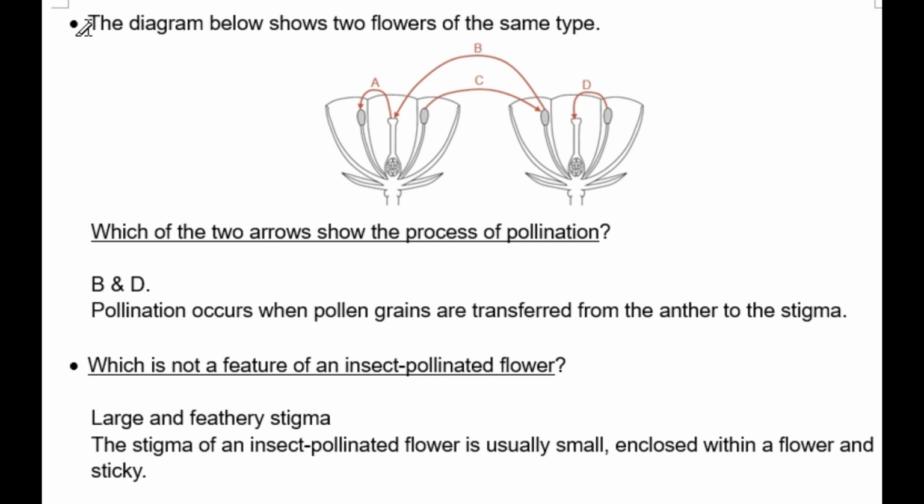The diagram below shows two flowers of the same type. Which of the two arrows show the process of pollination?